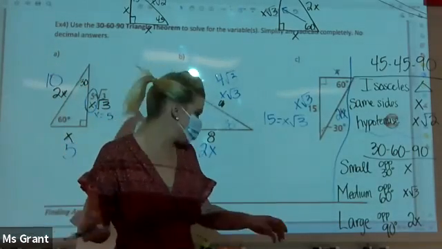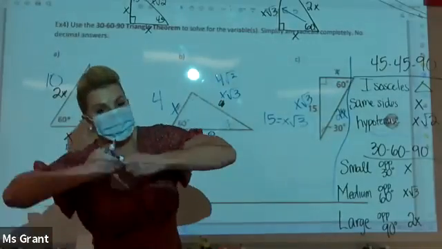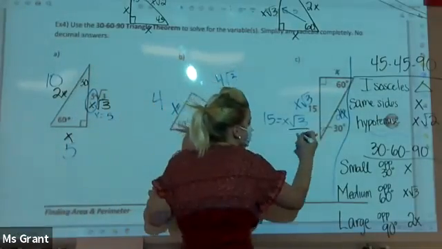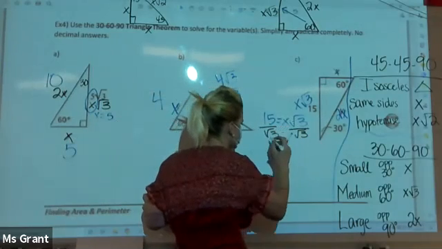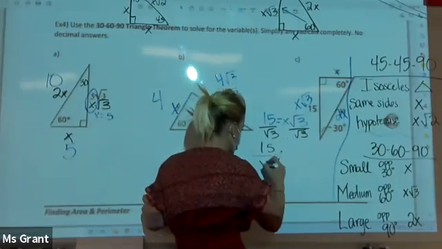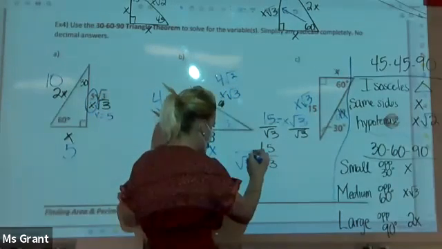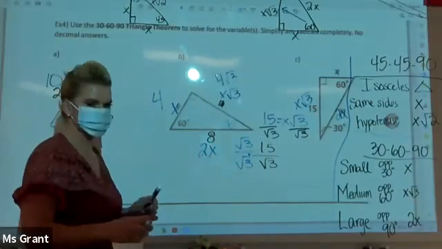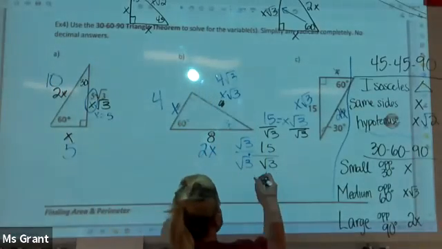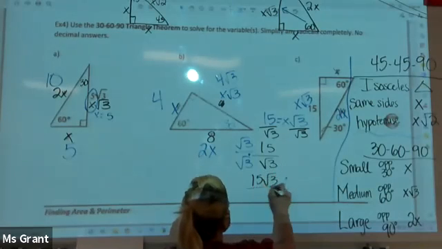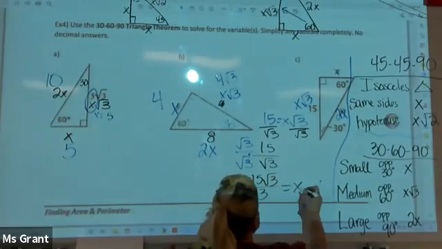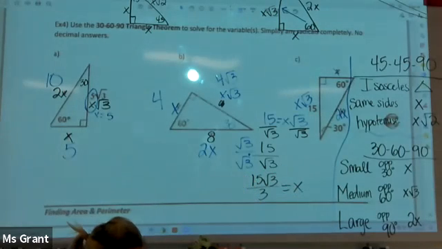Solve it like we have before. Get the X isolated, solve for X. Divide by rad 3. Rationalize the denominator. 15 rad 3 over 3 equals X. All right.